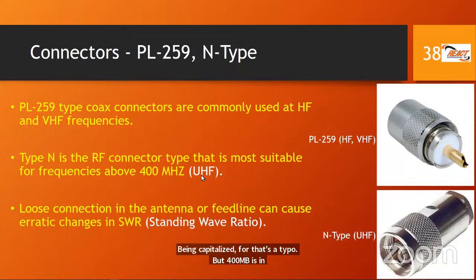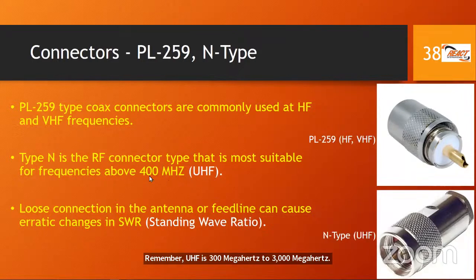Remember, UHF is 300 megahertz to 3000 megahertz. So that's why knowing where UHF and VHF is matters. It says frequencies above 400, so you know that is UHF. So for UHF, this is a better connector compared to the other connector. And that's what you need to know for the exam. N-type or type N is suitable for 400 megahertz and above, or UHF.